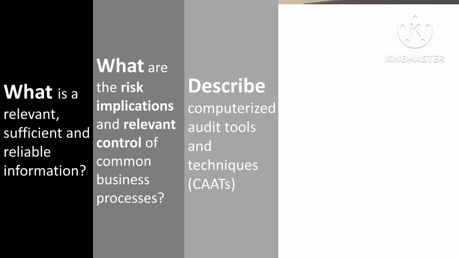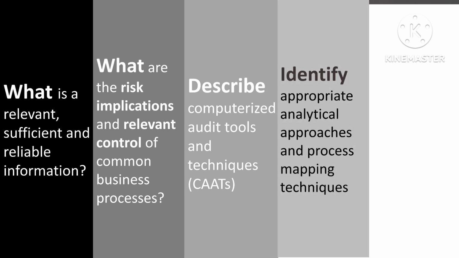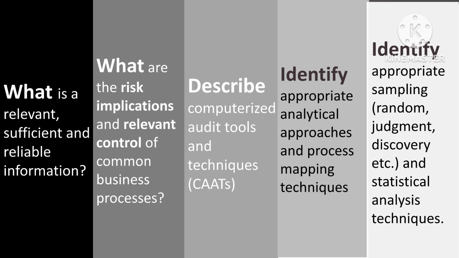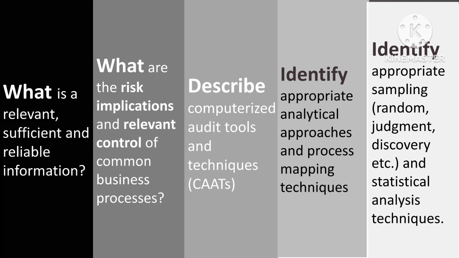Describe computerized audit tools and techniques, or we can call them CATs. Identify appropriate analytical approaches and process mapping techniques. Identify appropriate sampling, for example, random, judgment, or discovery sampling, and statistical analysis techniques.